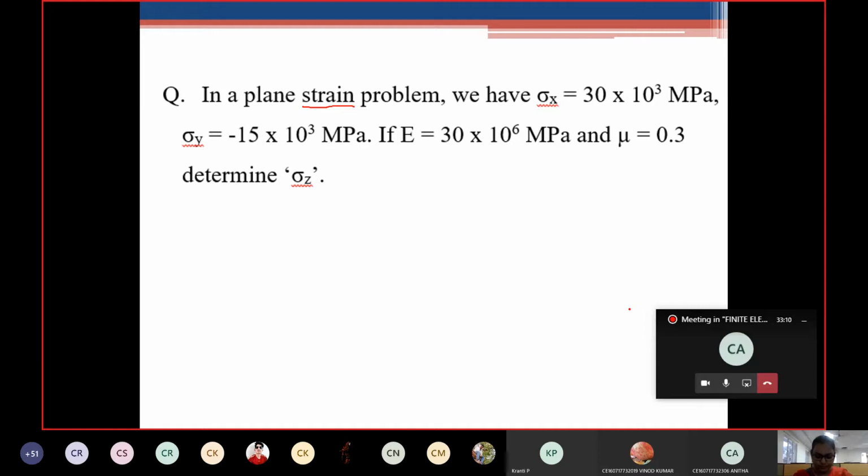Start solving. Please read the question clearly. It's a plane strain problem, so the constraints of the plane strain should be taken into consideration. And you are asked to determine the stress in Z direction.